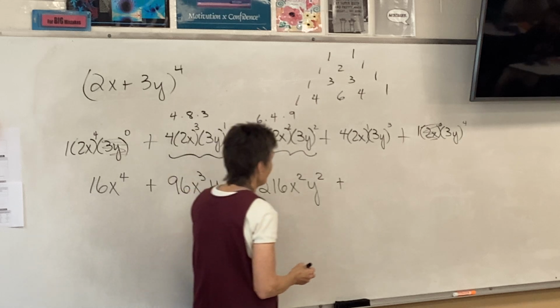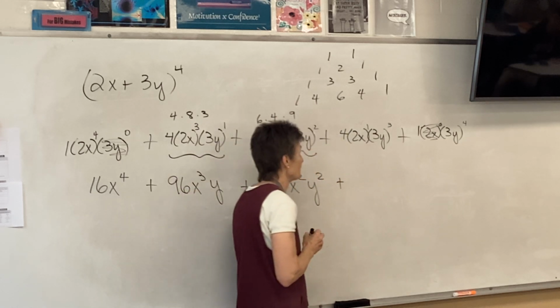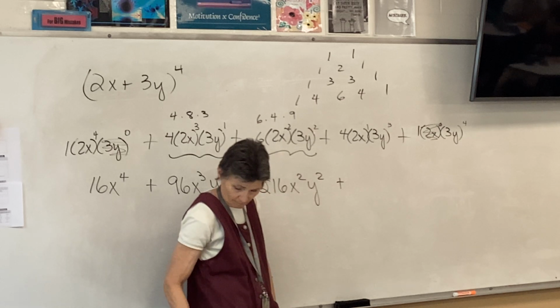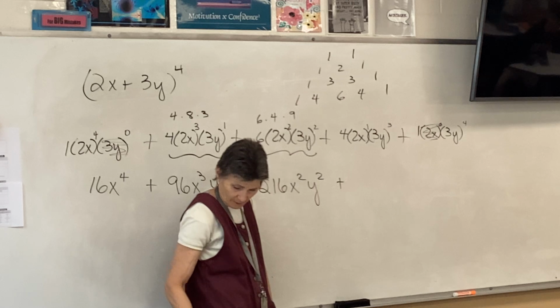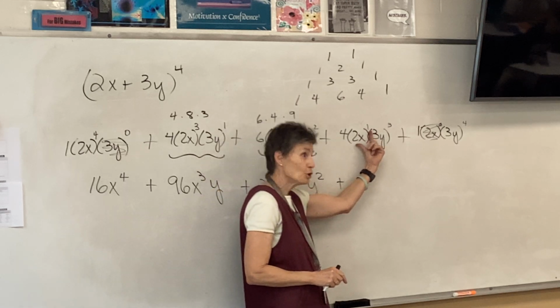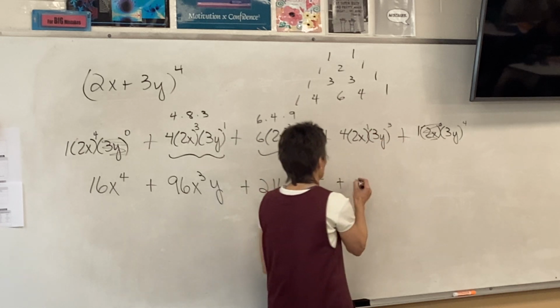And then, see if you can do this one. What are we multiplying here? We're multiplying a 4, a 2, and a 27. Did you get 216 again? Yep.